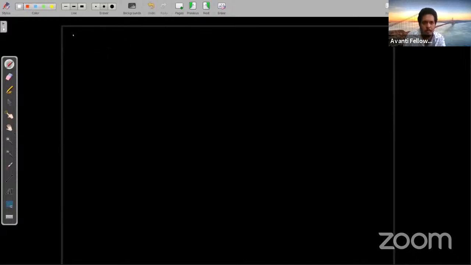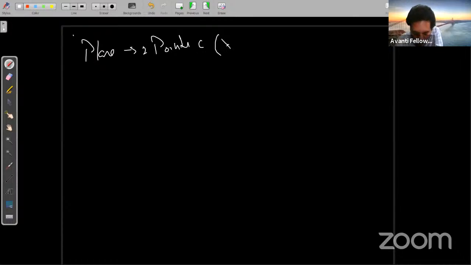So the question given to us is: a plane is passing through 2 points. Let us assume the points are C, which is lambda comma 2 comma 1, and D, which is 4 comma minus 2 comma 2.